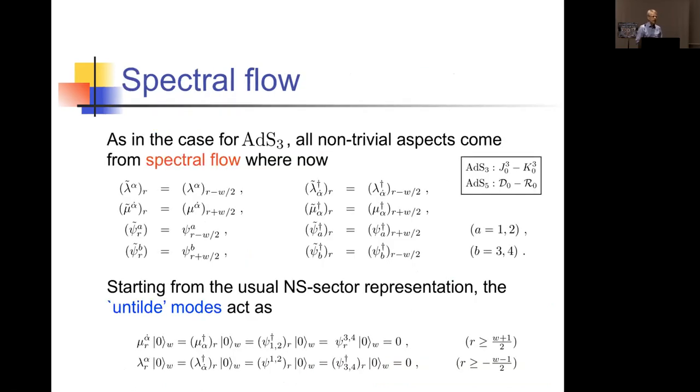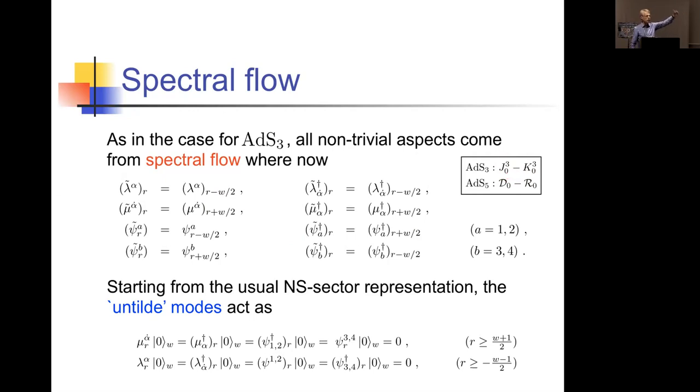Okay, so these are the free fields that we have, and now we have to declare what are the representations that appear on the worldsheet. So this is the place where we'll be inspired by AdS3, following the spectral flow operation as it was occurring for AdS3. So what did you do for AdS3? You shifted these mode numbers up and down by w/2, and whether you shifted them up or down depended on their eigenvalue under J_0^3 minus K_0^3, and J_0^3 became the conformal dimension of the dual CFT.